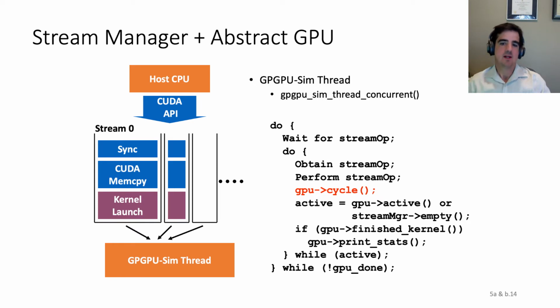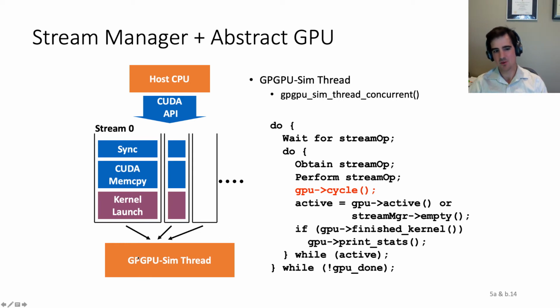Now, in this instance, the simulator is actually multi-threaded. So there's two threads operating inside GPGPU-Sim. One is the host CPU thread. So when you start running your program, that's the thread that you're running on when you get to main in the main program.